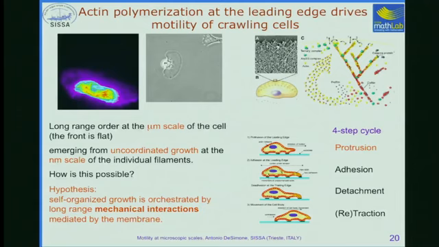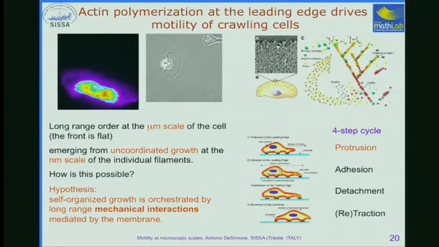So the basic question is, how is it possible that out of polymerization reactions that take place in one filament, which is of the order of 7 nanometers thick, uncoordinated individual polymerization reactions result in the advancement of a front which is 50 microns?